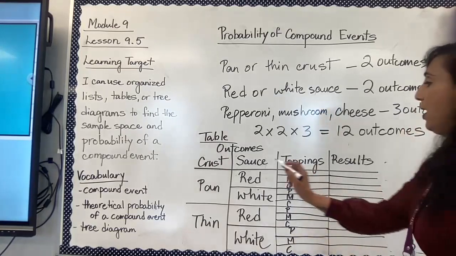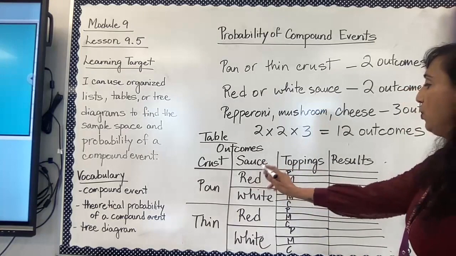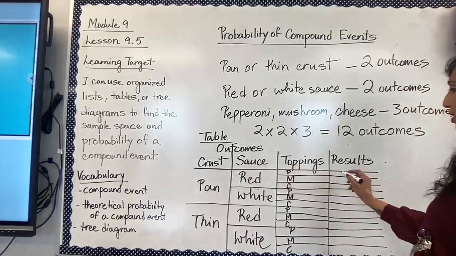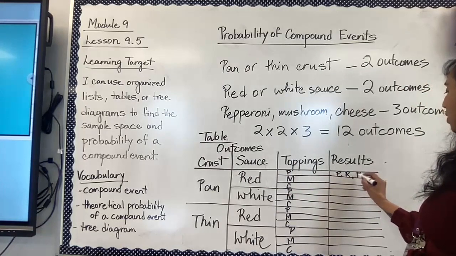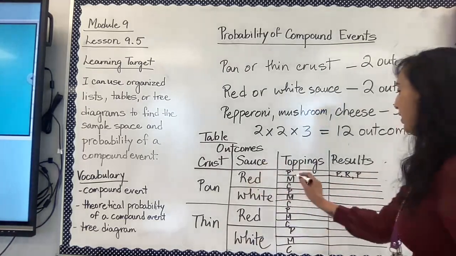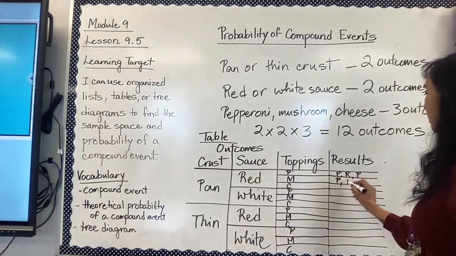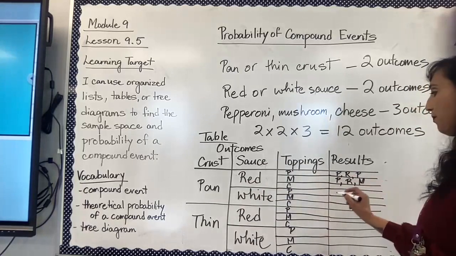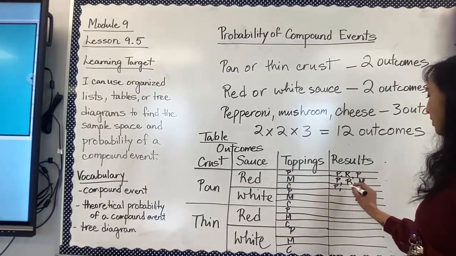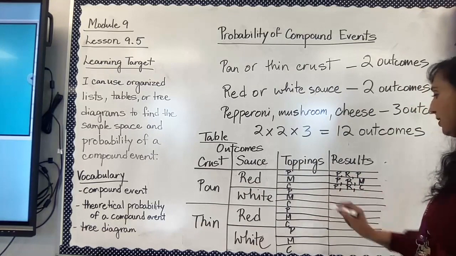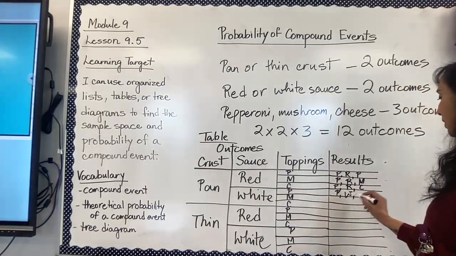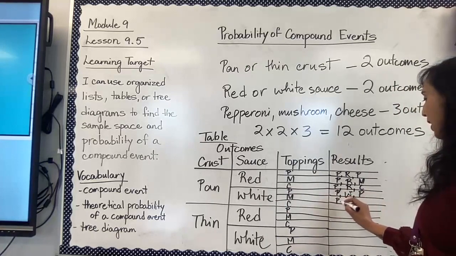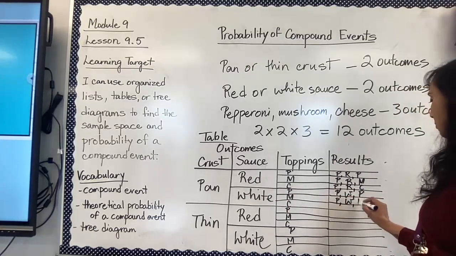All right, so I can have pan crust with a red sauce with pepperoni. So pan, red, pepperoni. I can have pan, red, mushroom. Pan, red, cheese. Then I can have pan, white, pepperoni. Pan, white, mushroom.